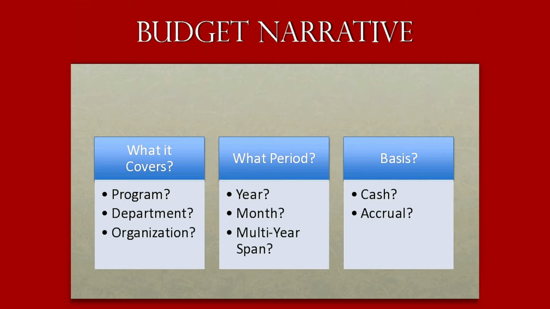And this is a little technical, and if you've gone through the material in the course, you understand the difference between cash and accrual. But it's two different forms of accounting and two different ways of presenting your expenses that can seriously change what the numbers mean and what they say. So if you are looking at a budget and it's on cash, it means all you're seeing is money as it's coming in and money as it's going out.